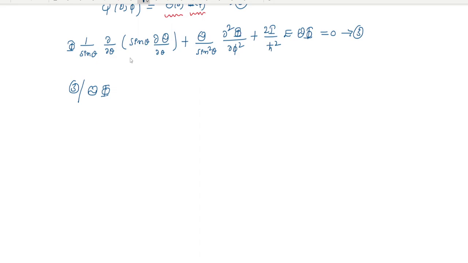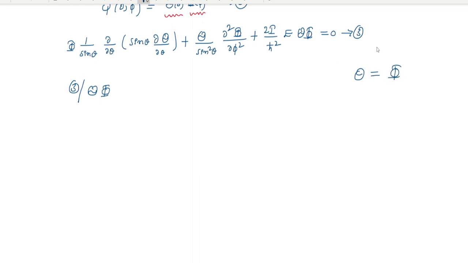If you look at the first term, the pi is there, theta is there. I want an equation where one side is in theta form and the other side is in pi form.